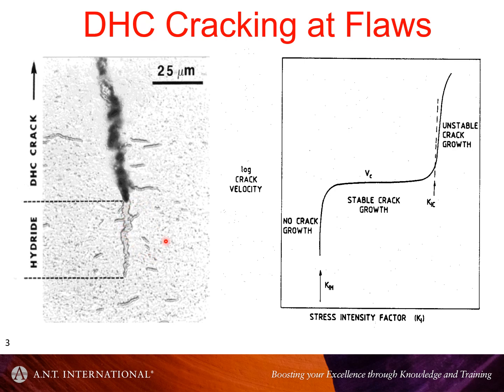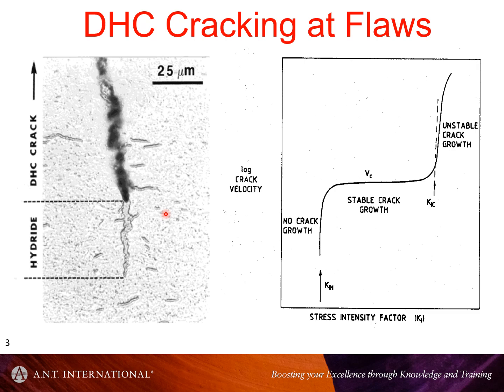Lots of theories, lots of models to explain how the hydrogen gets there. The most widely known relates to basically a stress gradient. So you're bringing in more hydrogen. Because of the stress, it diffuses in response to the stress to the crack tip, and then precipitates there because it's supersaturated.